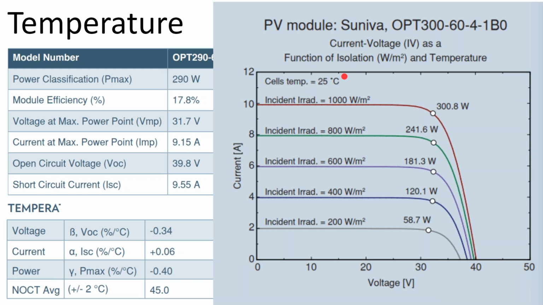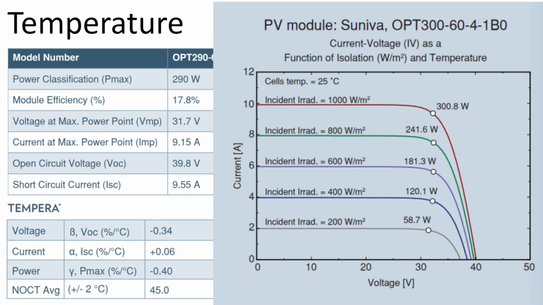The laboratory rating is called the standard test condition. That's what all the line items on the spec sheet, the voltage of the module, the amperage of the panel, that's done at 25 degrees Celsius.